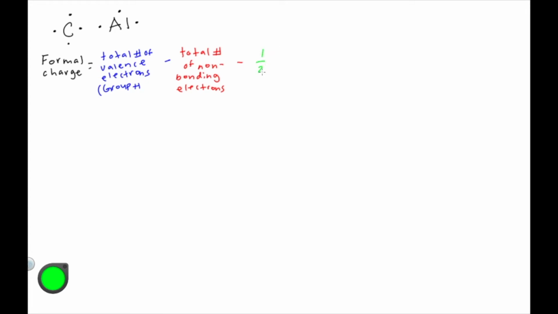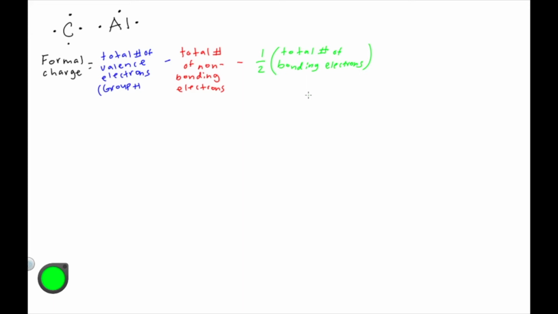So 1/2 the total number of bonding electrons. So this is going to be our formula to calculate the formal charge.